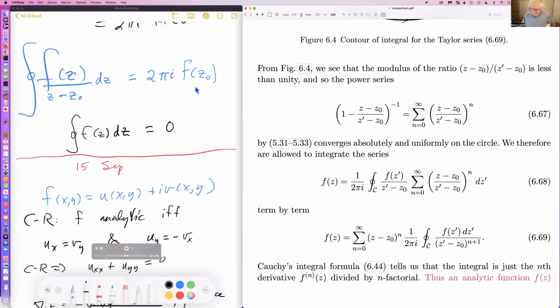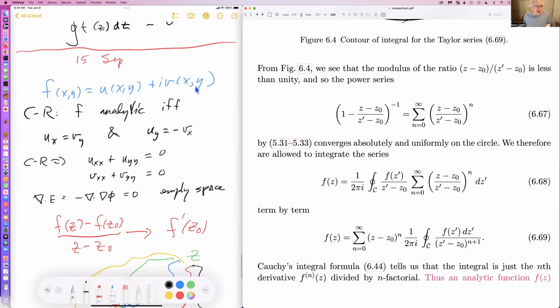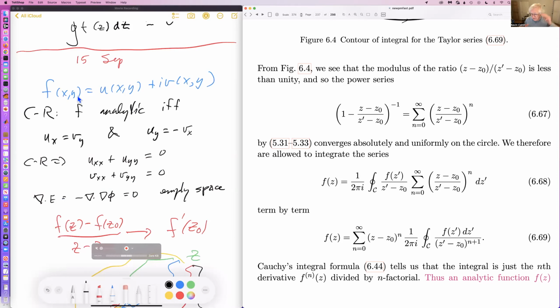We also learned criteria that tell us whether, let me raise this table, we also learned how to tell if a function f of x, y of two real variables is analytic.